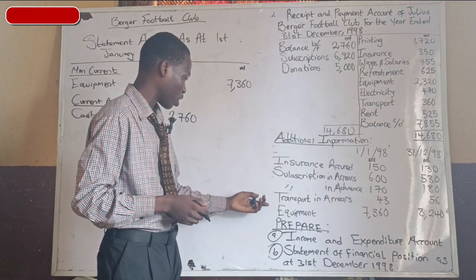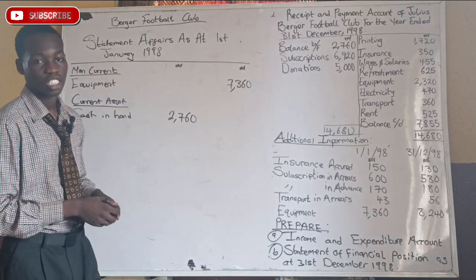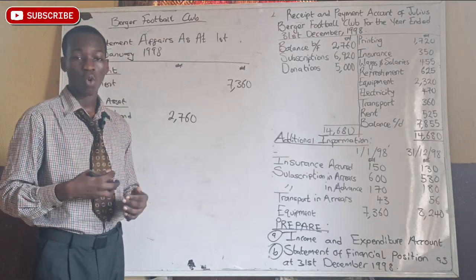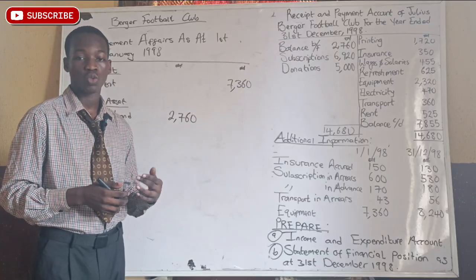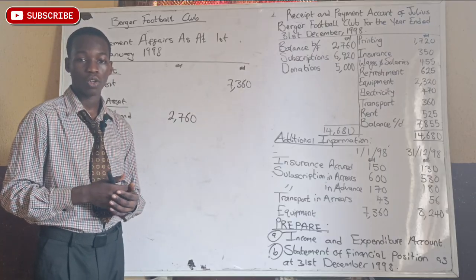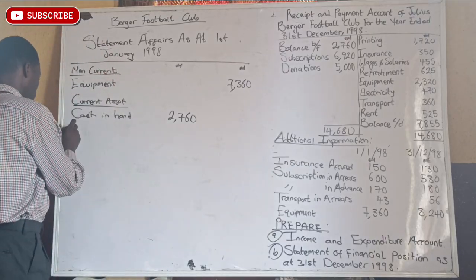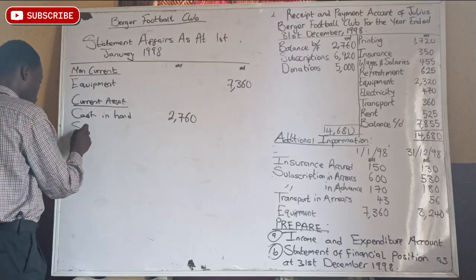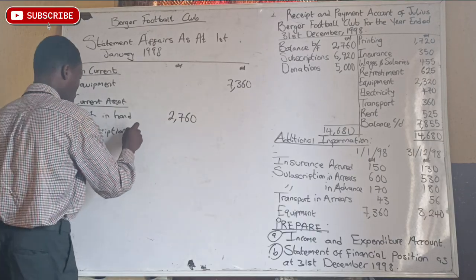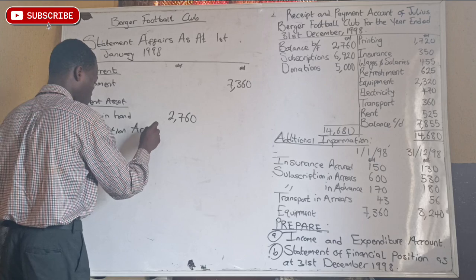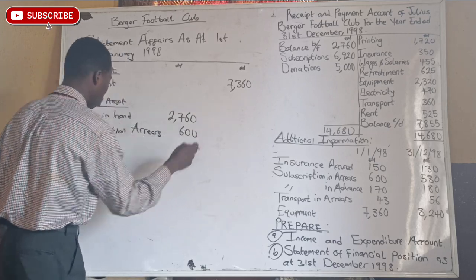After that, what other current asset do we have? We have subscription in arrears. Some of the members are still owing, so they are like an asset to us. We can collect it at any time. Do you get it now? So subscription in arrears is a current asset, and that is 600.